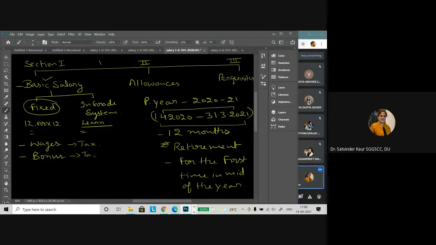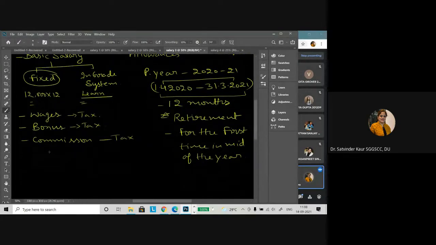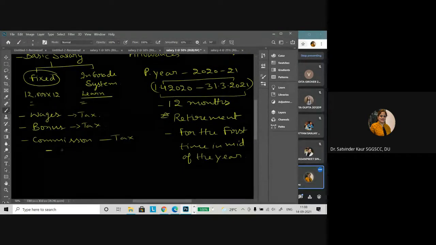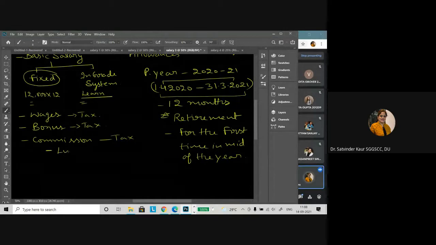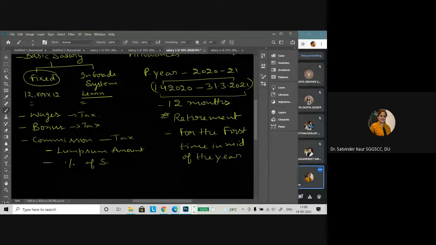Then there comes another name of salary in the form of commission. Whatever commission you are receiving, it is going to be taxable. Now this commission can be given in two forms. It can be in the form of a lump sum amount, or it can be in terms of percentage of sales.